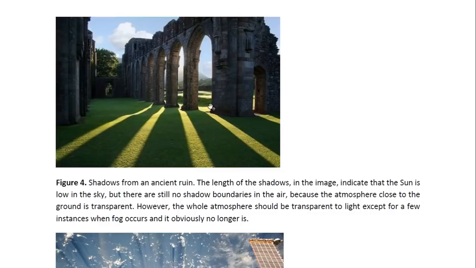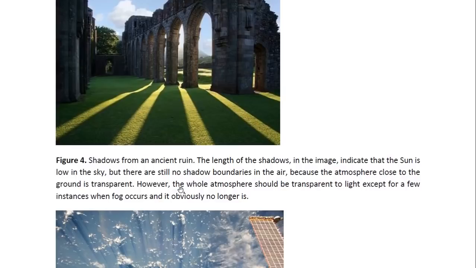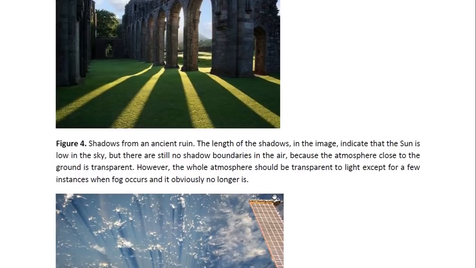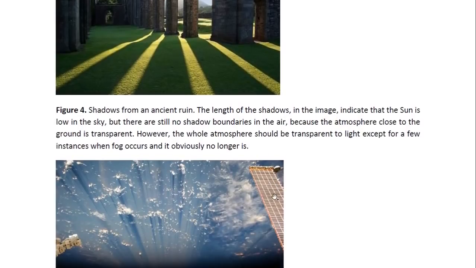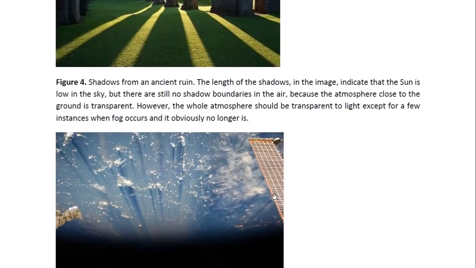This may change if there is any fog, and fog does occur close to the ground, but in the absence of fog we have nothing to make the atmosphere opaque. However, the whole atmosphere should be transparent to light, except for a few instances when fog occurs, and it obviously no longer is.